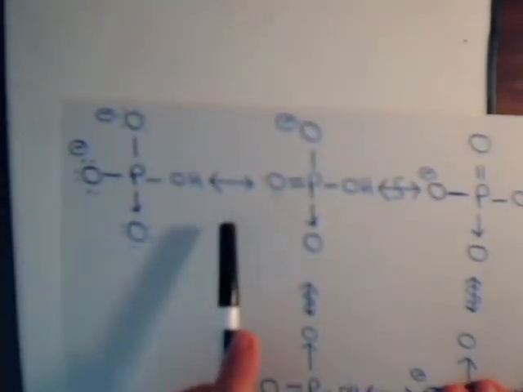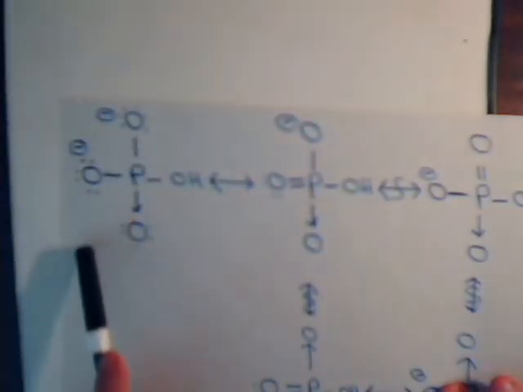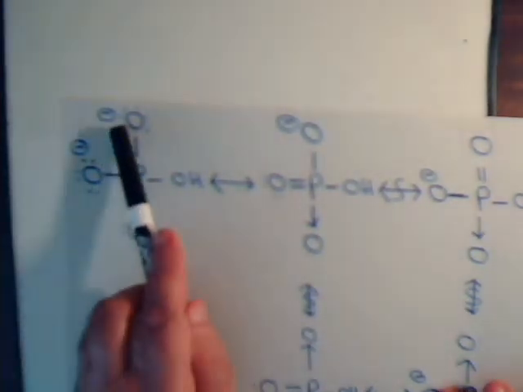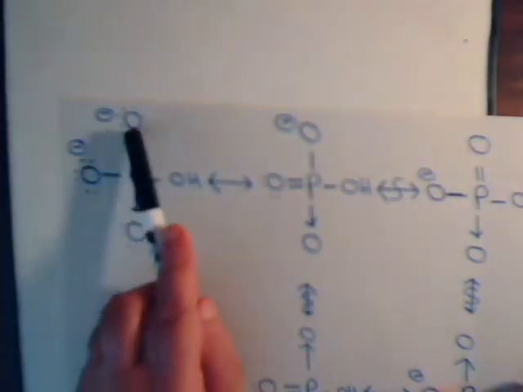Here, when you have phosphate, this is a much larger anion. The double negative charge is not quite so concentrated, making it possible then to lose 2 protons from the phosphoric acid.